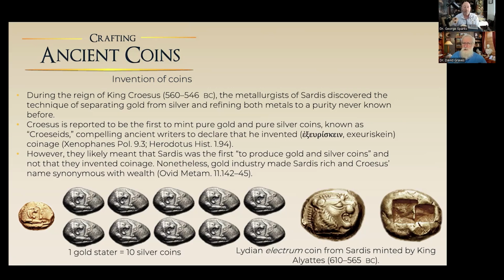But they were able to separate all of this and make pure silver and gold coins. So one gold stater was equal to 10 silver coins. They likely meant that Sardis was the first to produce gold and silver coins, and not that they invented coinage. But the gold industry made Sardis rich, and Croesus' name became synonymous with wealth.